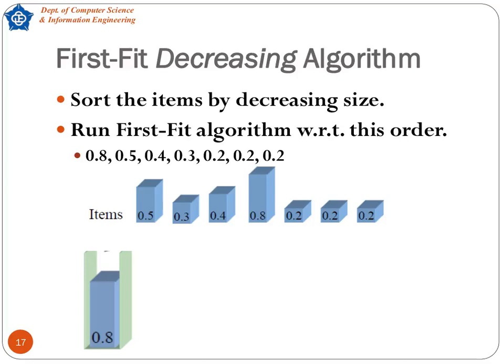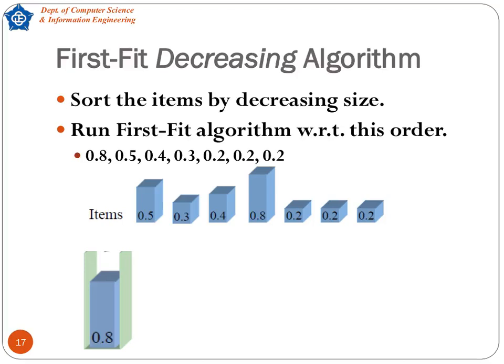Let's illustrate this with an example. Suppose we have a set of items with sizes 0.5, 0.3, 0.4, 0.8, and 3 items of 0.2. Following the first step, we sort them from largest to smallest. This gives us the order 0.8, 0.5, 0.4, 0.3, 0.2, 0.2, and 0.2.